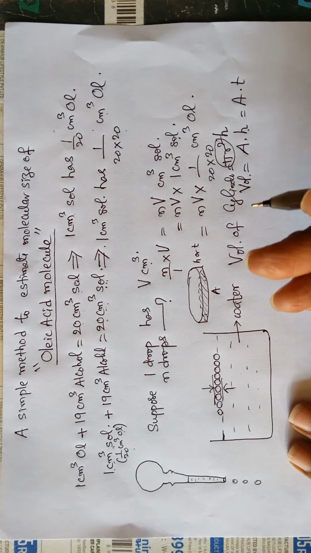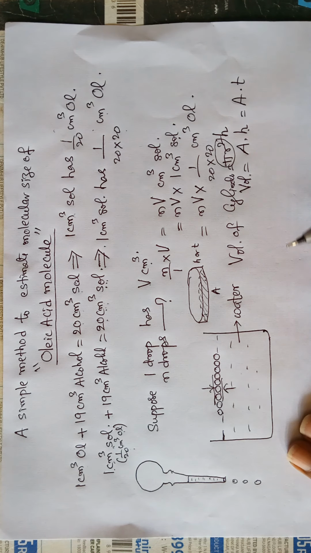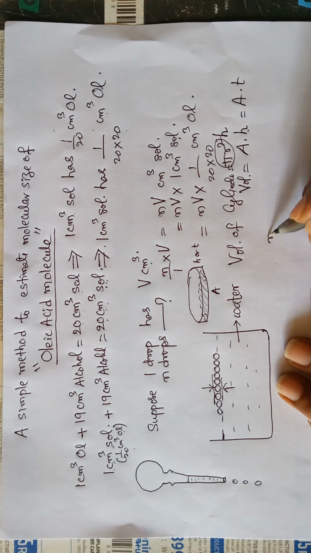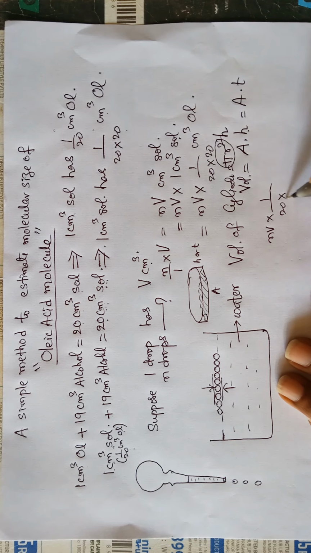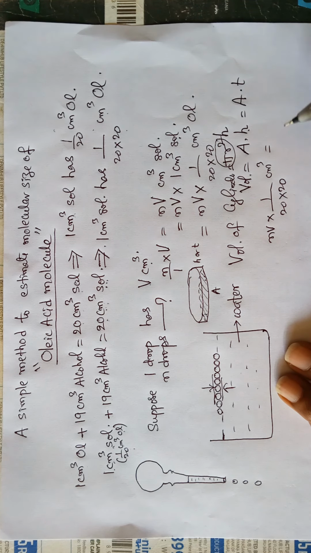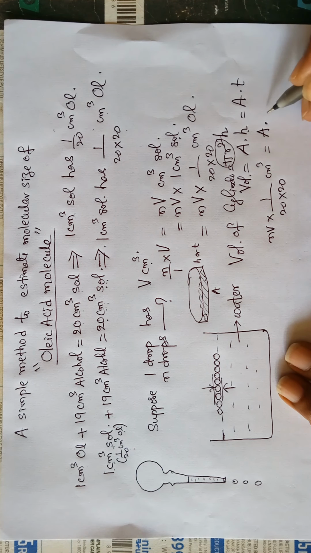You have dropped n drops, using this dropper you have allowed n drops to fall onto the water. Therefore, the n drops volume will be this much. So here in place of volume, let me write N V into 1 by 20 into 20 cm cube is equal to base area into thickness.